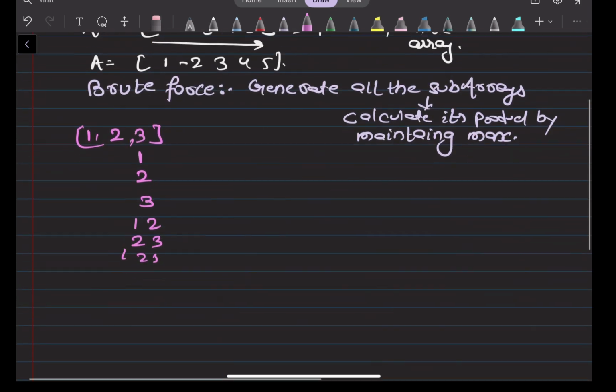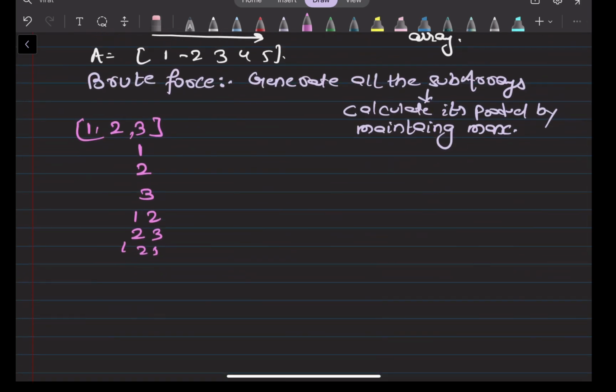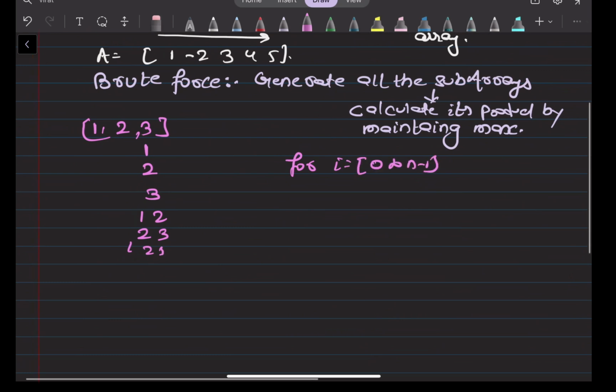So if we have to generate all the subarrays, we just have to write a for loop from i equal to 0 to n minus 1. Then we write j equal to i, from there we select each and every one of them, so we check each and every possibility, up to n minus 1.